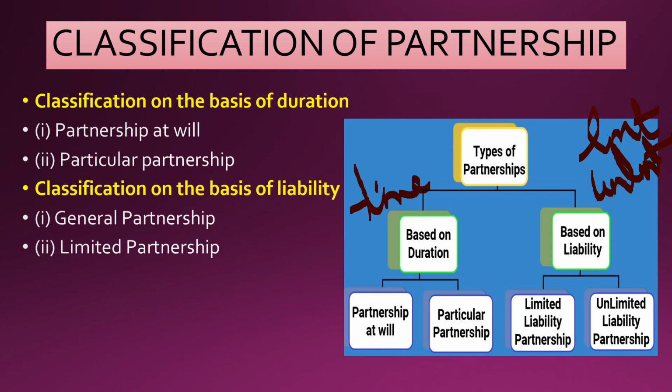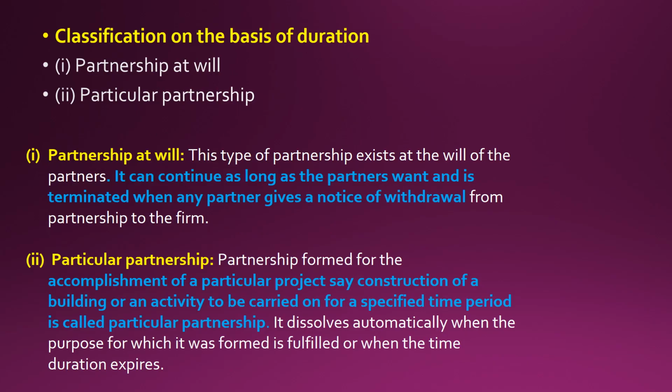Here you see something called general liability. General liability refers to unlimited liability. Don't get confused, because you see limited liability and unlimited liability. So general liability refers to unlimited liability.